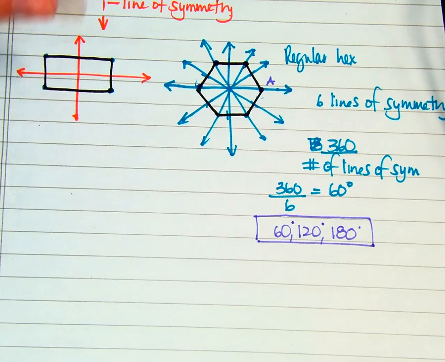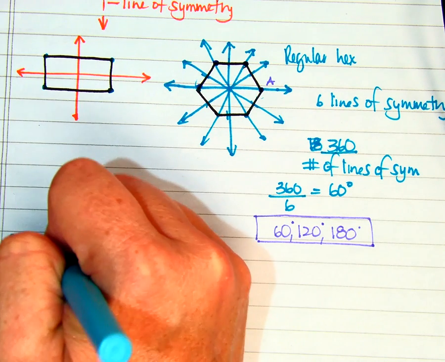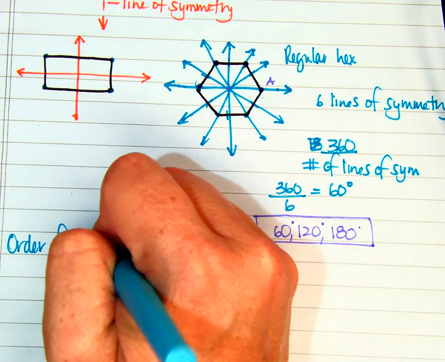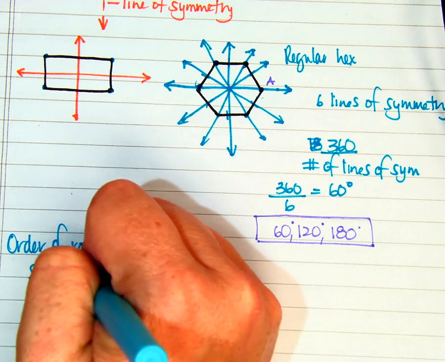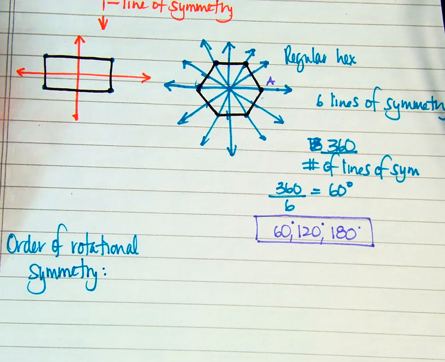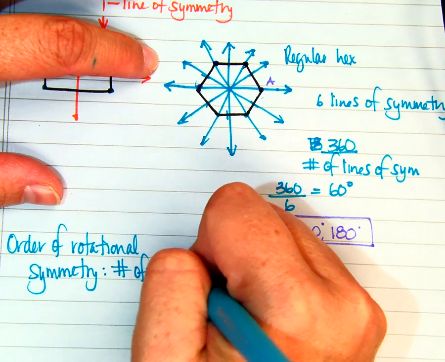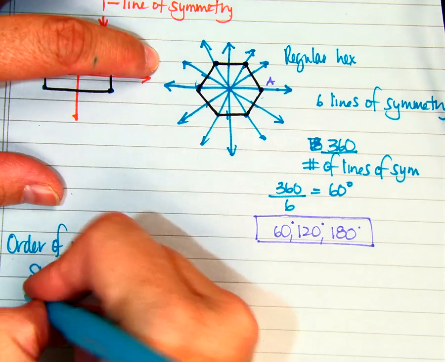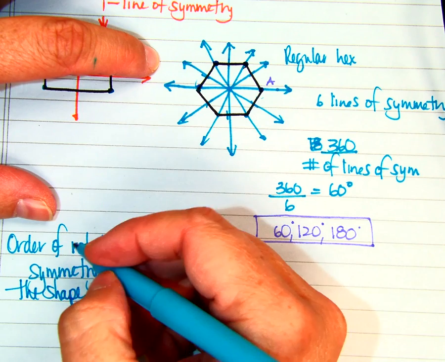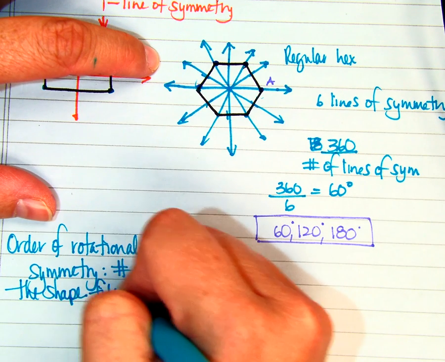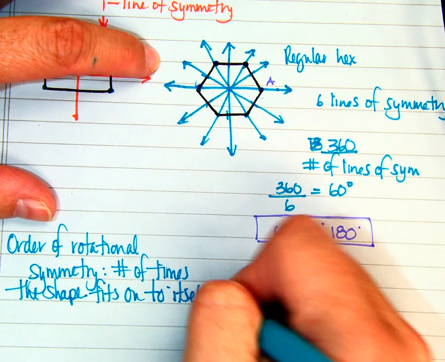The other thing we're going to talk about is order of rotational symmetry. Order of rotational symmetry is the number of times the shape fits onto itself in one turn.